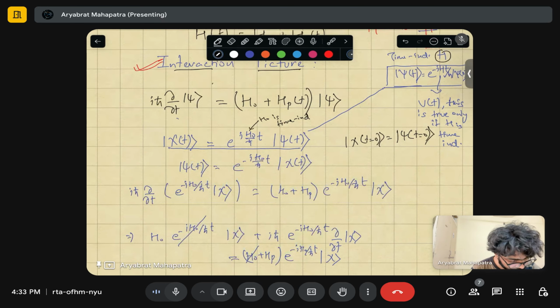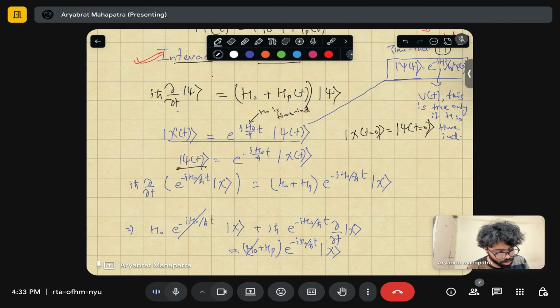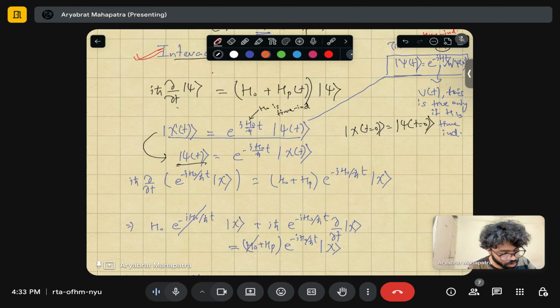Then you can write down your psi, you just invert this relation, and you get this psi of t. Once you get this psi of t, let's call this equation a and this equation b. So b in a will give you this.